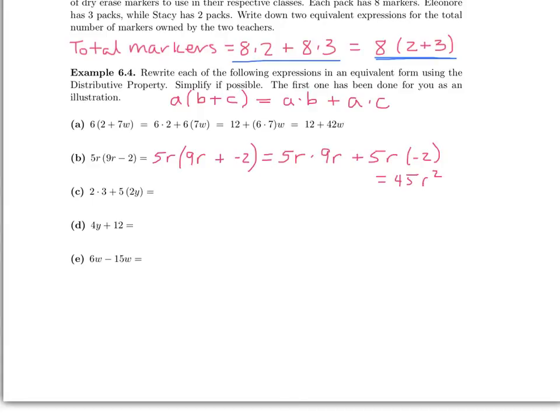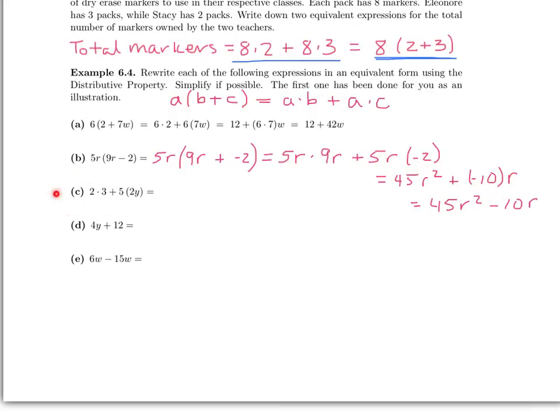That will give us an r squared, plus. Now we multiply here. Again, the associative law and the commutative law of multiplication tell us that when we're multiplying these numbers, we can choose any two of them to multiply together first. So we'll choose to multiply the 5 and the negative 2. That, of course, will give us a negative 10 times the r. Written in its simplest form, we would write this as 45r squared minus 10r.